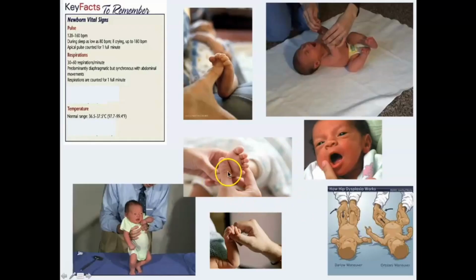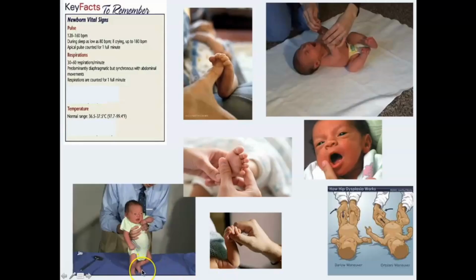This is the Babinski reflex, where you're moving your finger from the sole of their foot up to the side and up around just underneath their toes, and that's where their toes are going to flare out. And then this is the stepping reflex. This isn't typically one that we perform in the hospital, but the other ones we do.